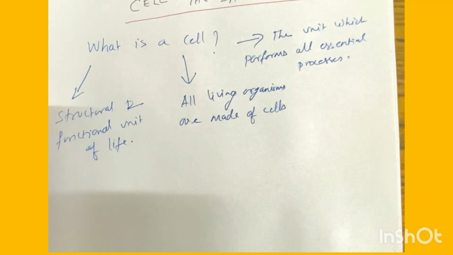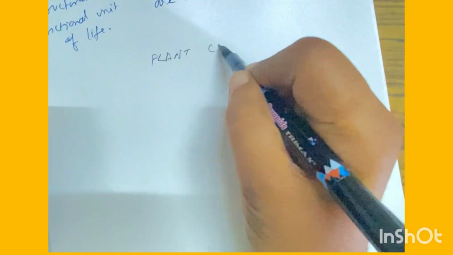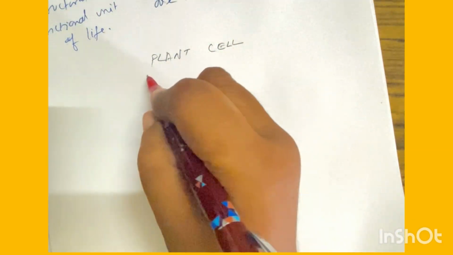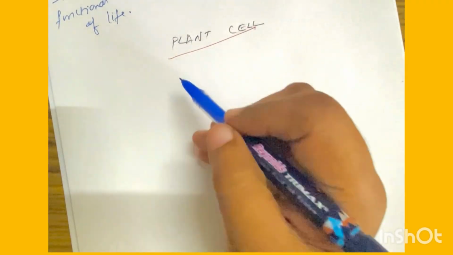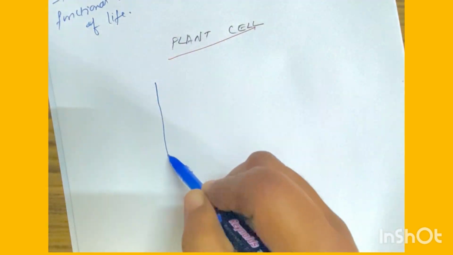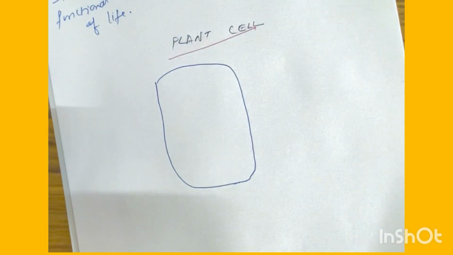Now, if I ask you to draw a simple structure of a cell, let's begin with drawing the plant cell. What do you know about a plant cell? If I start drawing, I'm sure you will be able to let me know what it is and help me label it.